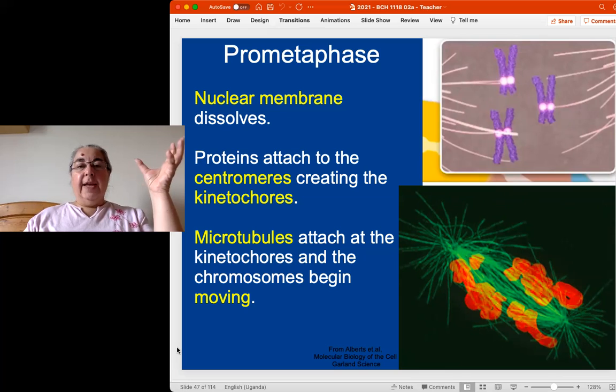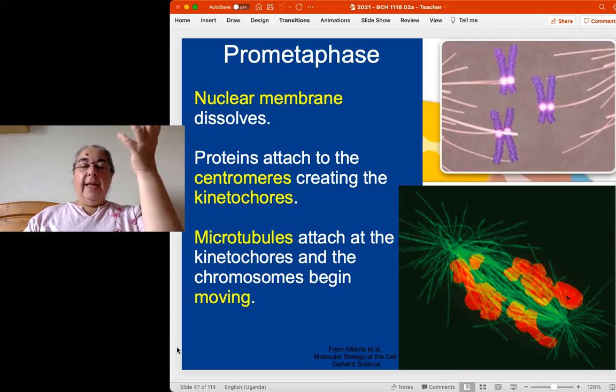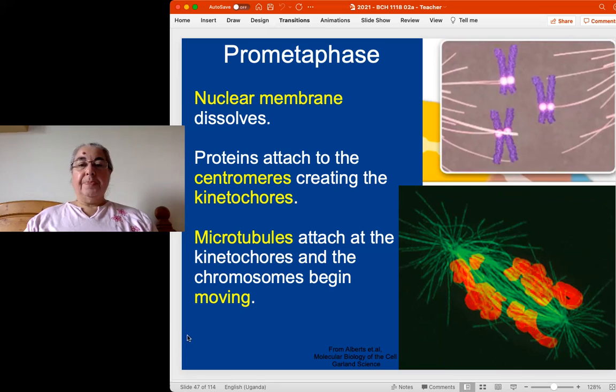What tends to happen is that the nuclear membrane forms little spheres. We'll talk about how membranes can reassemble in a few lectures' time. But the nuclear membrane is no longer surrounding the DNA, but all the lipids are still present as little spheres inside the cell that can very quickly reform and remake the nuclear membrane after cell division.